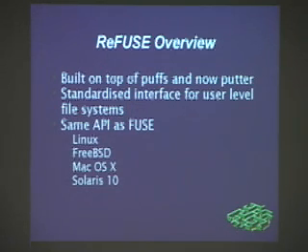Right, let's take another step back and look at another of the components we have here. Andy talked about this a bit yesterday. Refuse is built on top of puffs and also on top of putter. There's a standardized interface for the user level file systems, and the same API as FUSE. And FUSE runs on those four down there: Linux, FreeBSD, Mac OS X, and Solaris 10 as well.